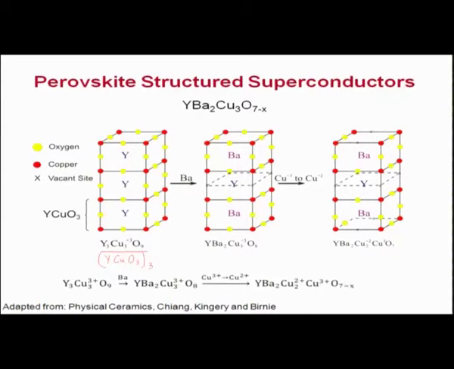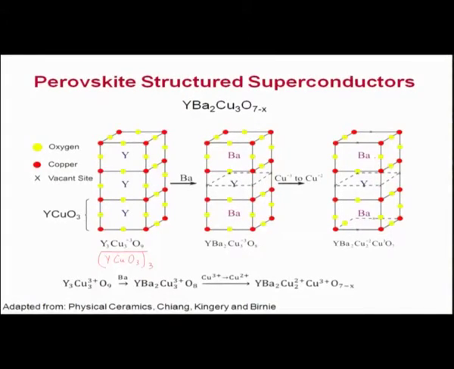So, you end up having 7 minus X, and this 7 minus X state is the superconducting state. So, you have many more vacancies of oxygen. These are empty oxygen sites. So, this is a perovskite unit based structure which is modified into a superconductor. The basis is still perovskite, it is just a modified perovskite.